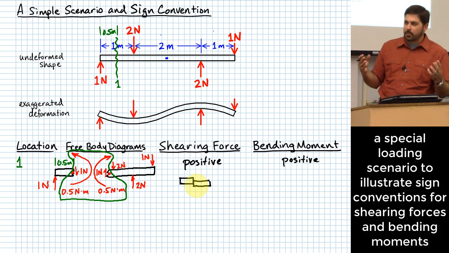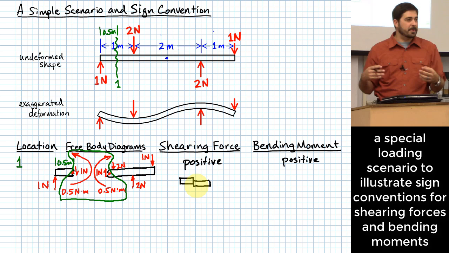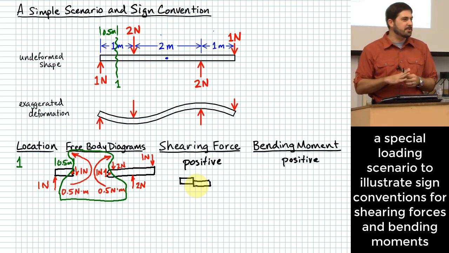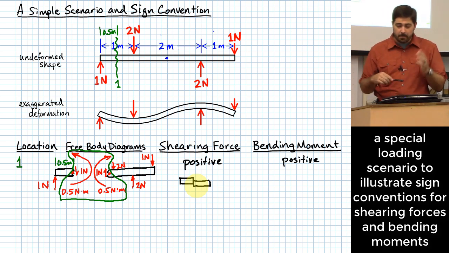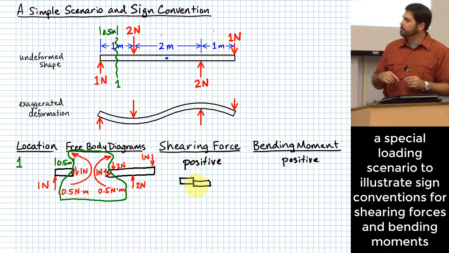It turns out they were wrong if you're thinking about electron flow, but now it's a convention and we're going to use it that way. There's not really any being wrong about something like this. It's just what direction we take to be positive for our shearing force, and what direction we take to be positive for our bending moment.